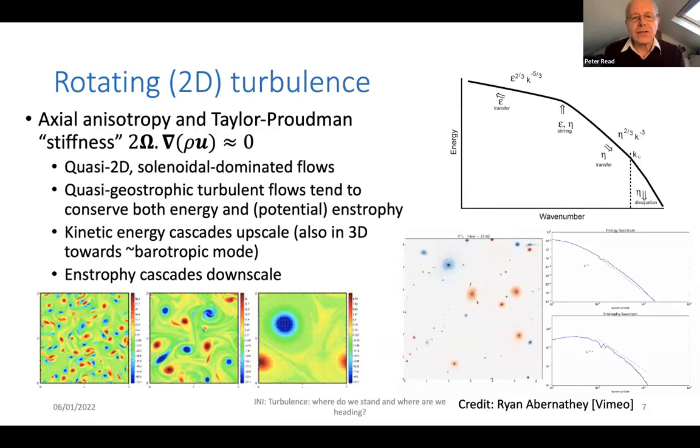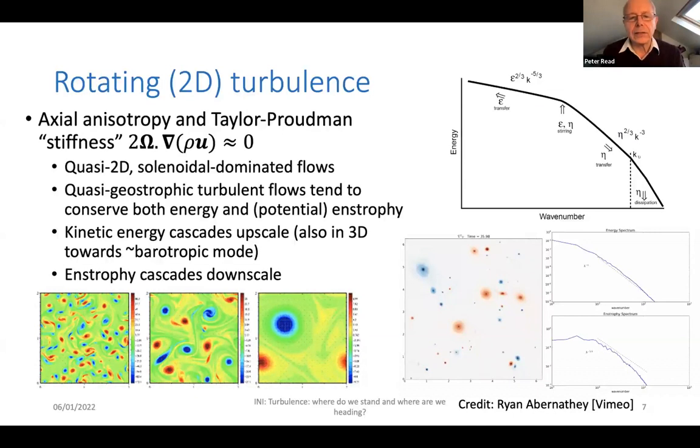What that means, through arguments based on Fjørtoft's theorem, is that the kinetic energy will tend to cascade upscale towards larger structures, and also in principle in 3 dimensions towards what we call a barotropic mode, a mode that doesn't vary significantly in the axial direction, while entropy, the squared vorticity, tends to cascade downscale. Hence what we see is flows that start out with lots of small vortices tend to evolve towards flows dominated by much larger vortices.